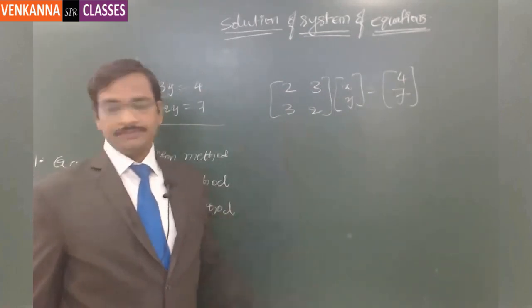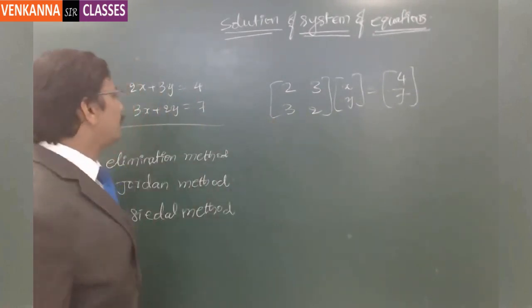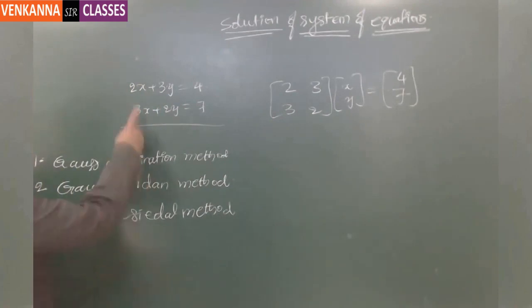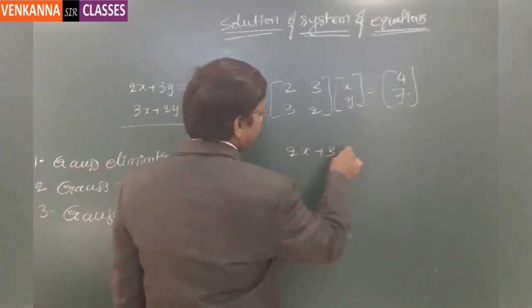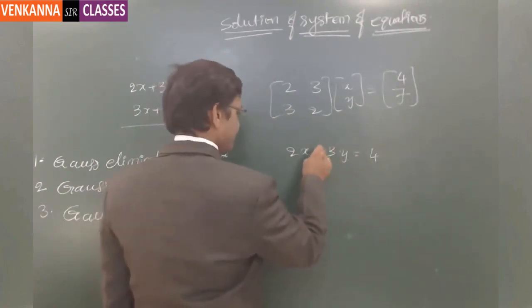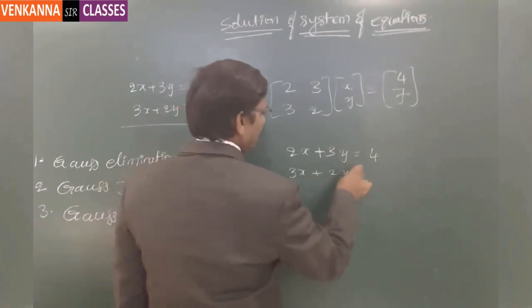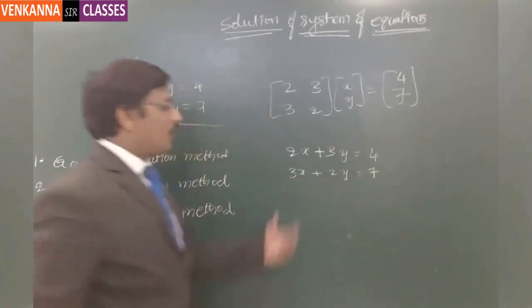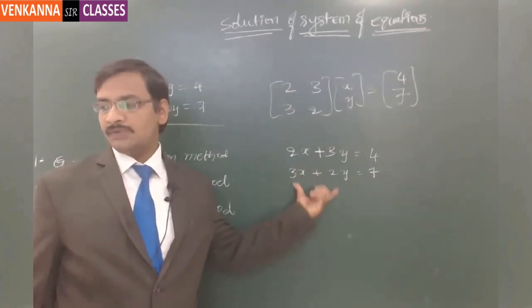Now here, this is the matrix format. Normally what we are trying to solve is 2x plus 3y equal to 4, and 3x plus 2y equal to 7. I want to eliminate one value so that I can make the matrix form simpler.